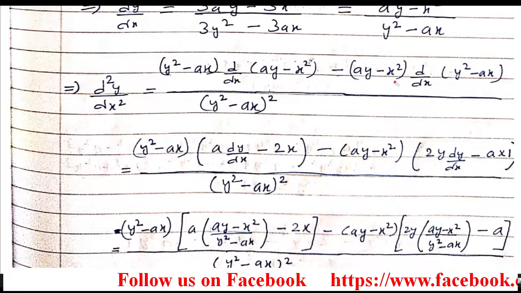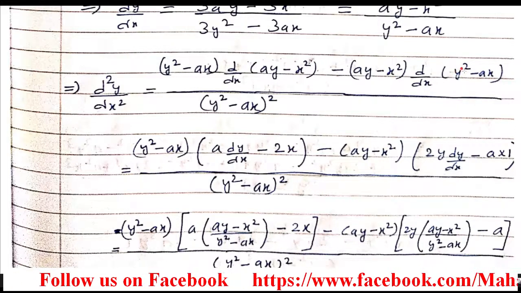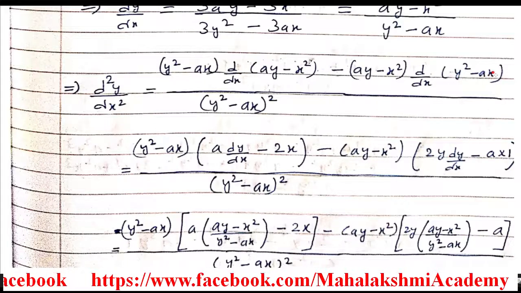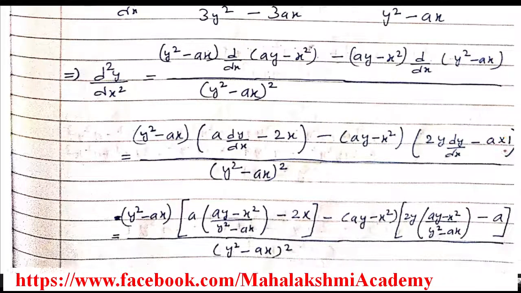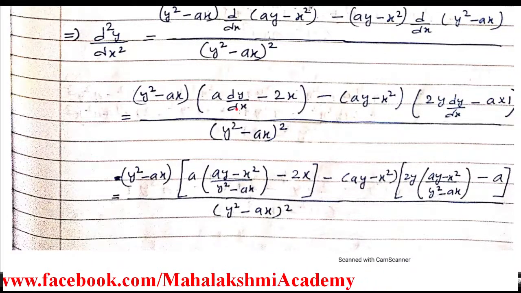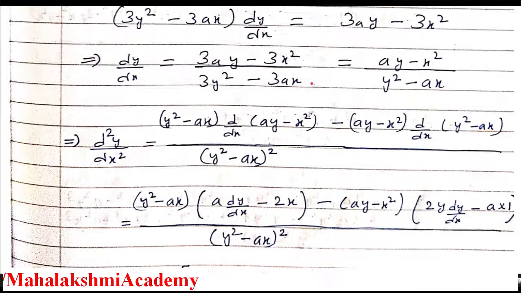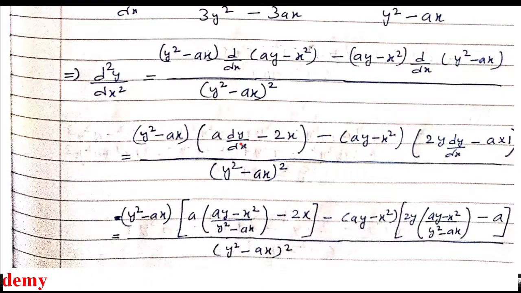Here again use the x^n formula, that will give you this, then use the chain rule, and the differentiation of a is a into 1. Now here we obtained dy over dx, and the dy over dx value you already calculated here, this value of dy over dx you have to replace here. So in the bracket just replace here also and here also, and other terms I kept as it is.